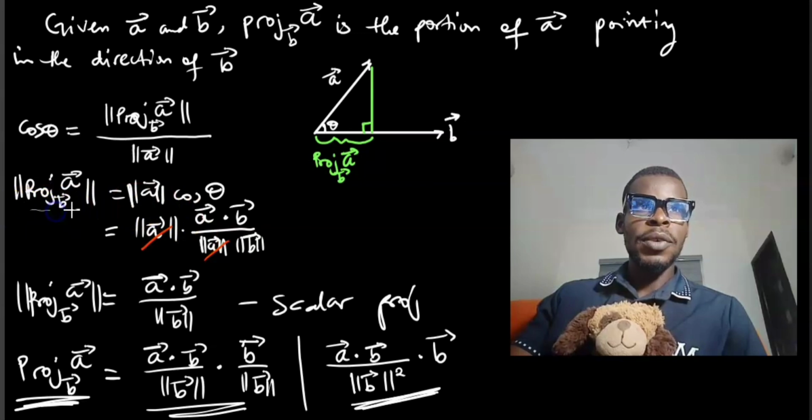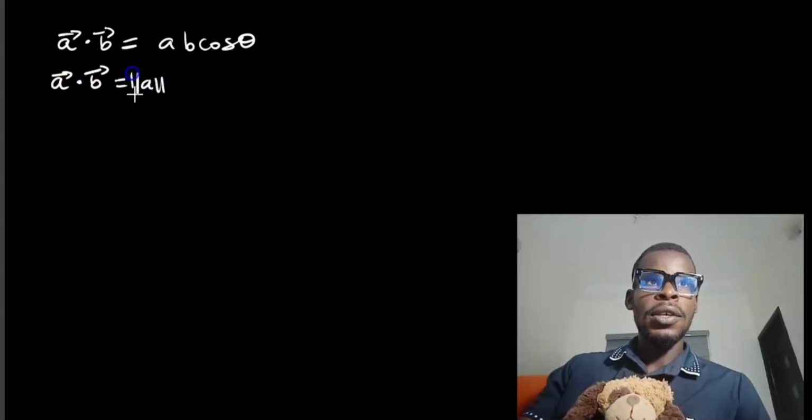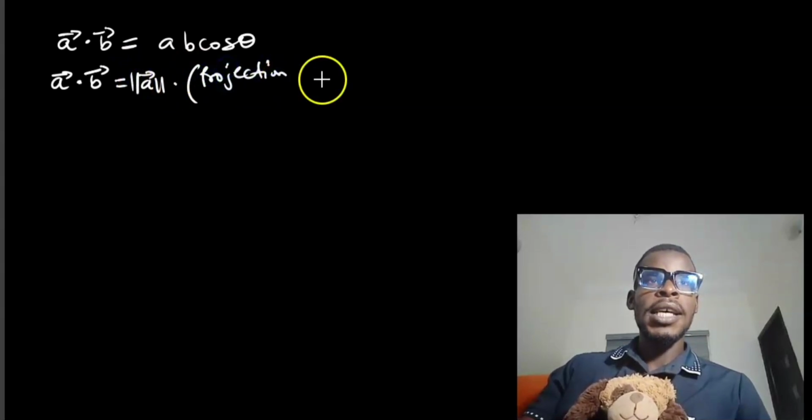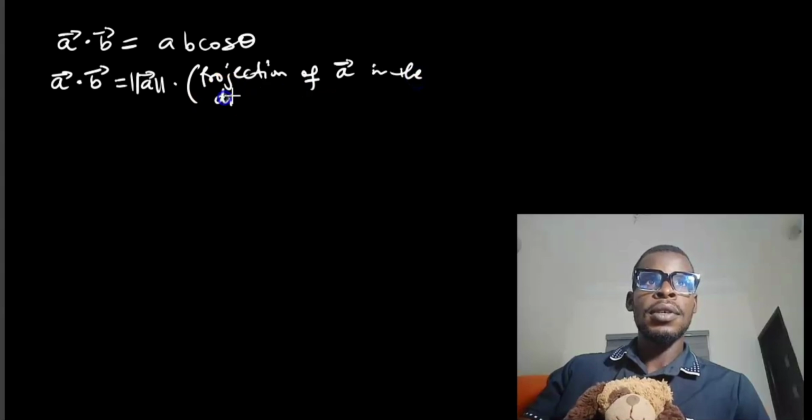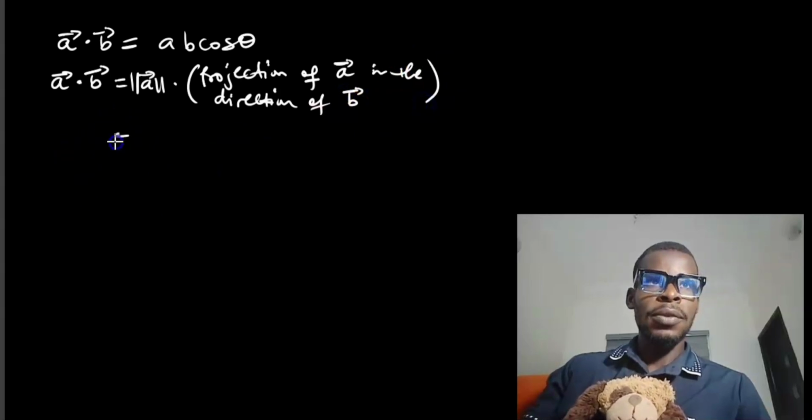Or maybe we can start from here. By this observation, we could see that we could also rewrite the dot product of vectors A and B as the length of vector A times the projection of vector A in the direction of vector B. How would that span out?